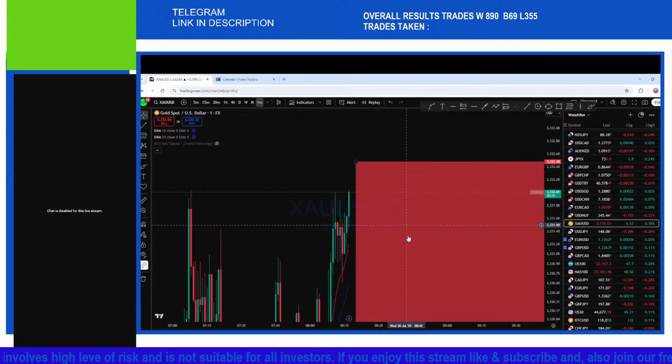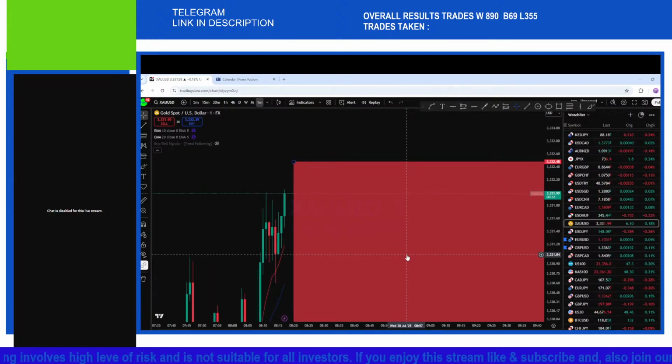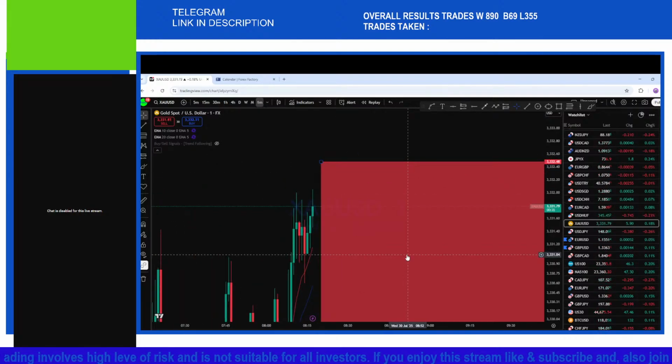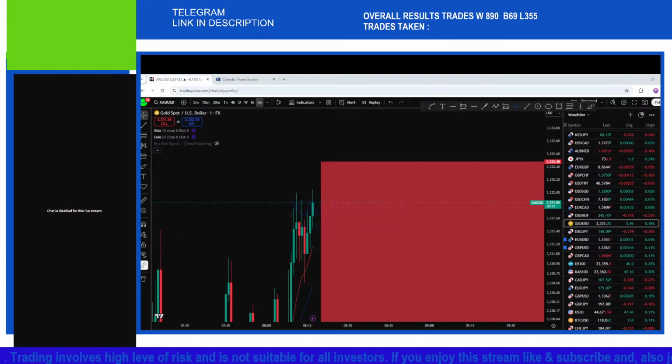It's getting more liquidity in that area, and there's a gap open.